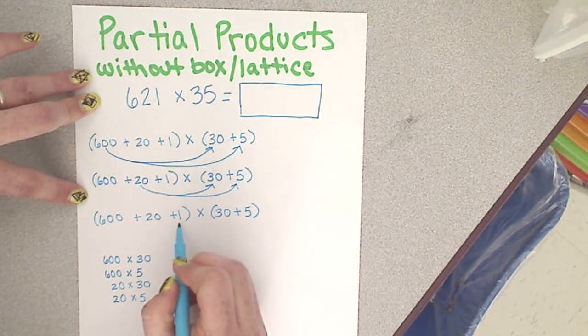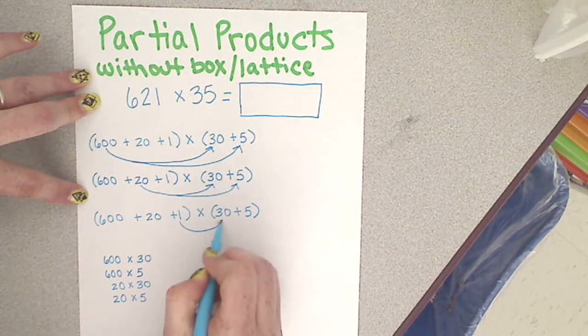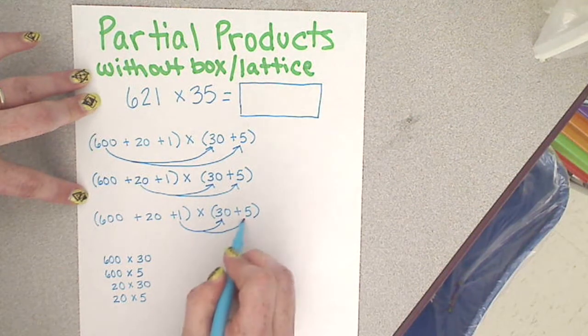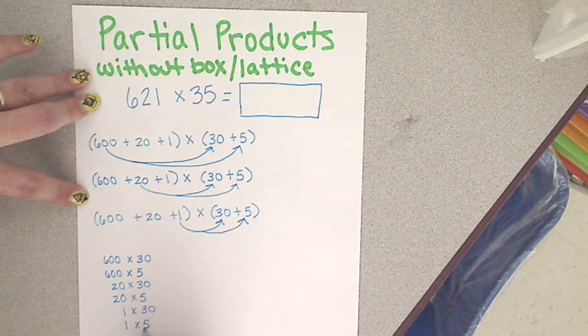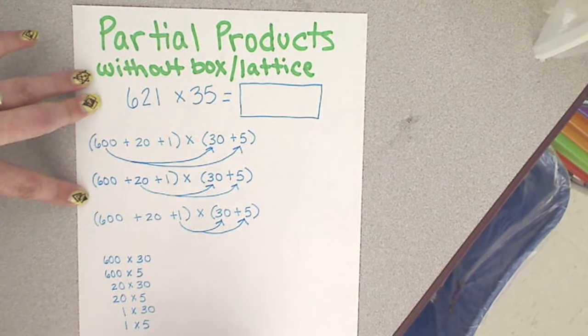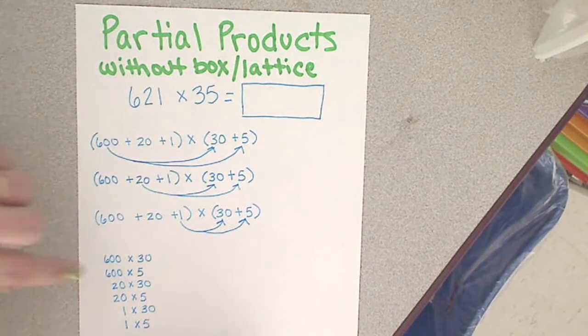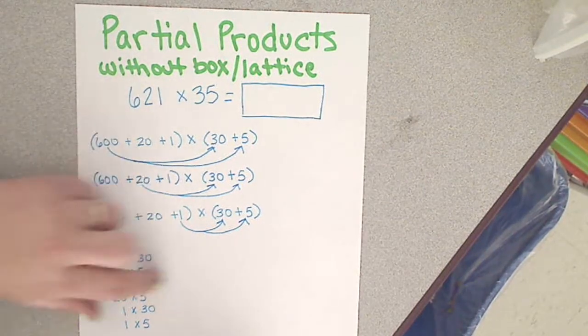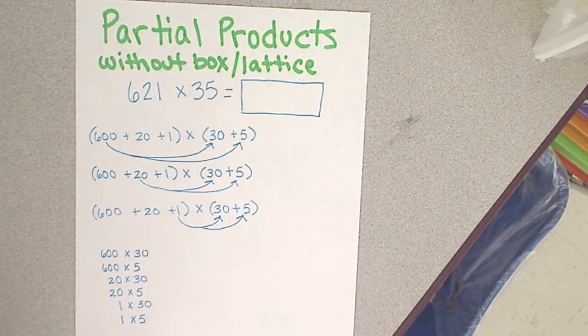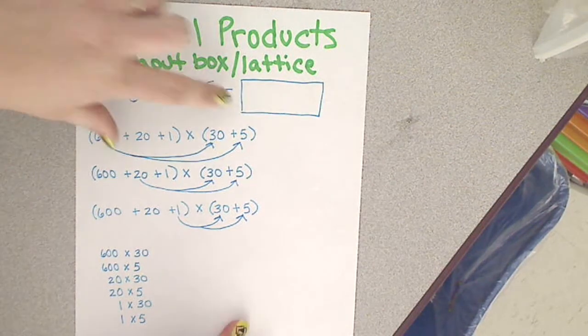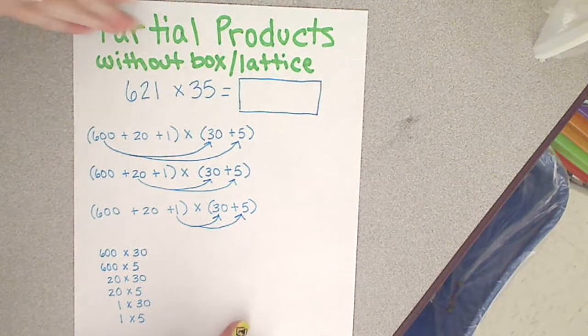But this time, I'm now taking my 1 times 30 and my 1 times 5. All right, so now I've got it set up. Each of the products here are our partial products. Partial means a part. Product is the answer to a multiplication problem. And we're getting the parts of this multiplication problem, which is why they're called partial products.